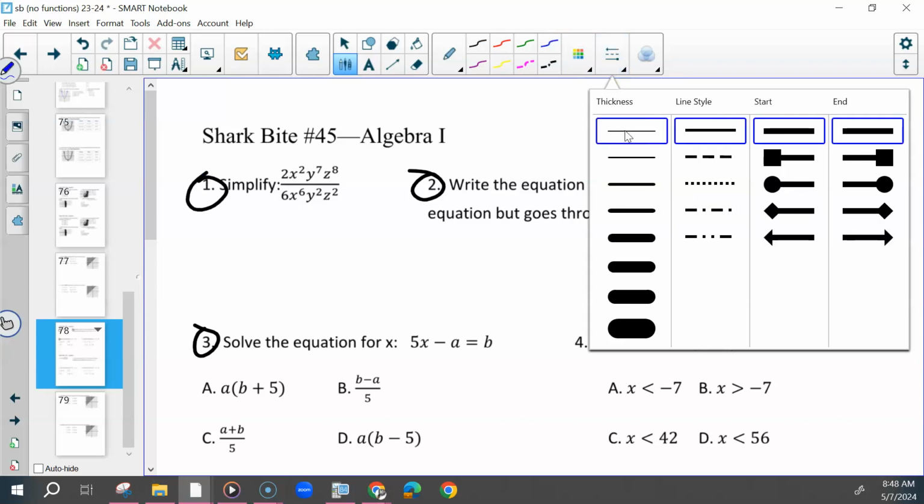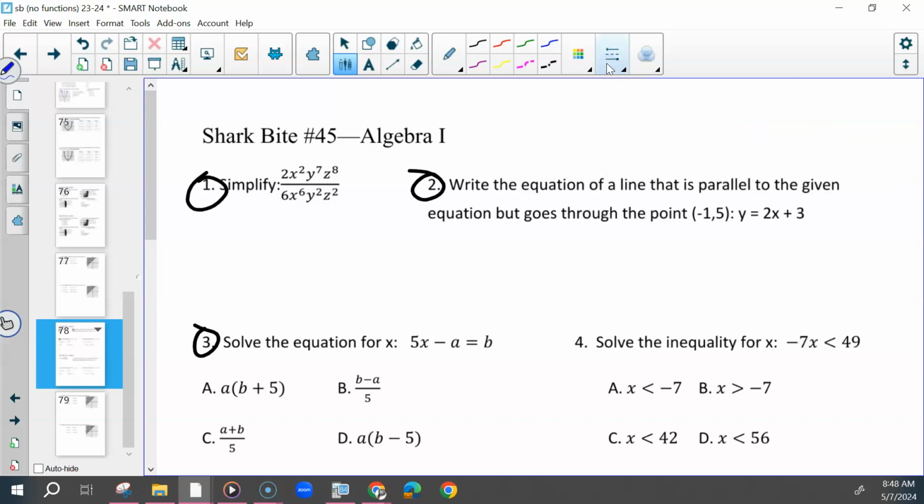Right. With number 1, you have to know your exponent rules in order to do this. You can check it in Desmos, but you can't say use Desmos for this one. You have to do the work. So using our exponent rules, we would divide 2 and 6, subtract each of your exponents. So x to the -4, y to the 5th, z to the 6th.